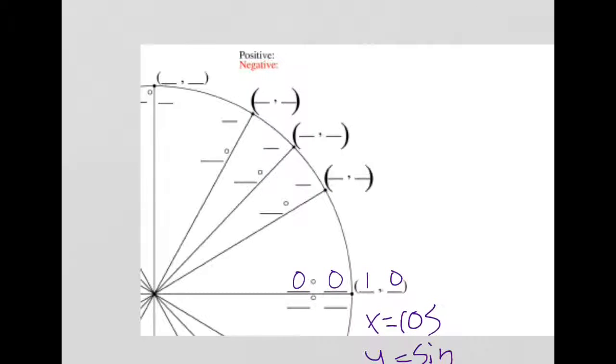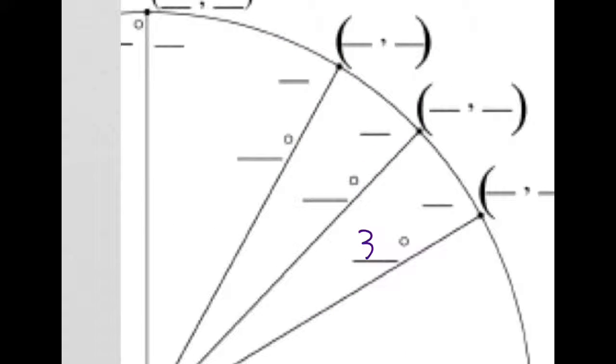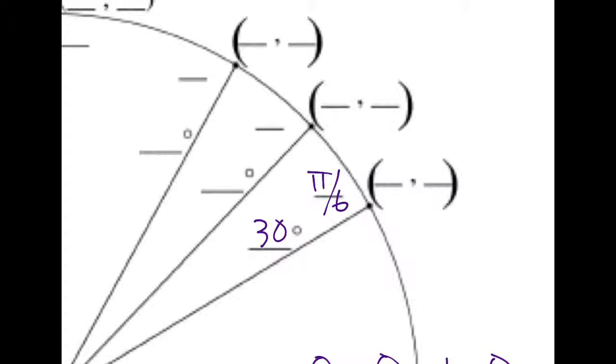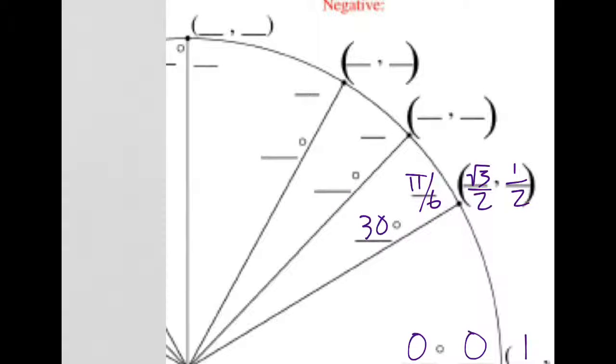Okay, well, our first line there is 30 degrees, which is pi over 6, and our values are root 3 over 2 and 1/2. Next line is 45 degrees with pi over 4, and we get root 2 over 2 and root 2 over 2.